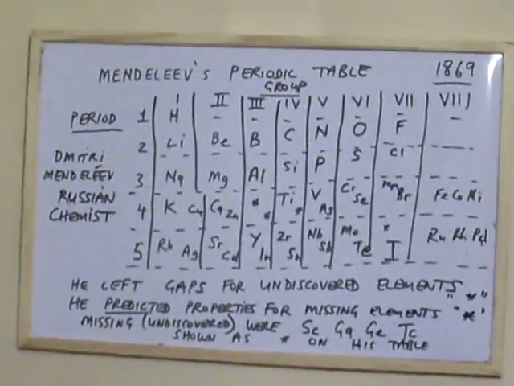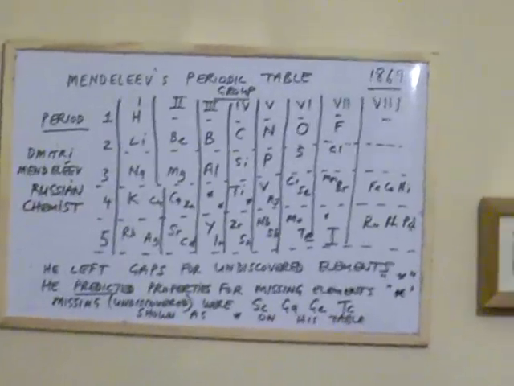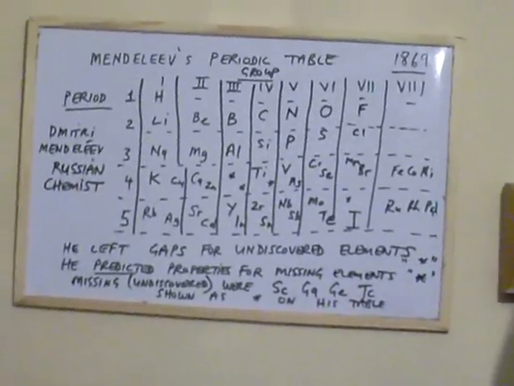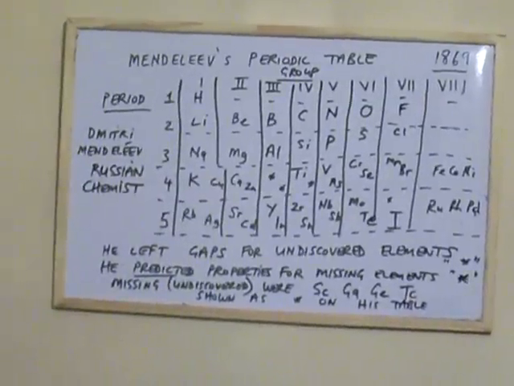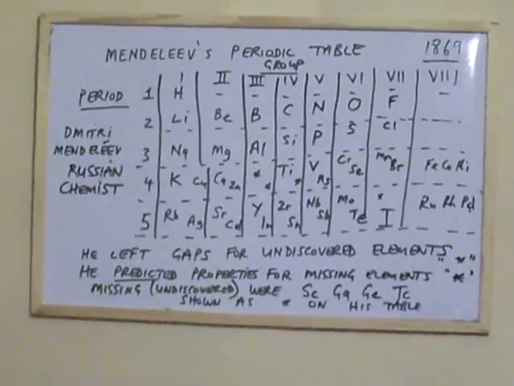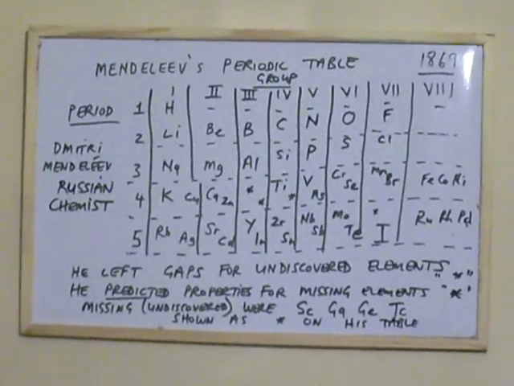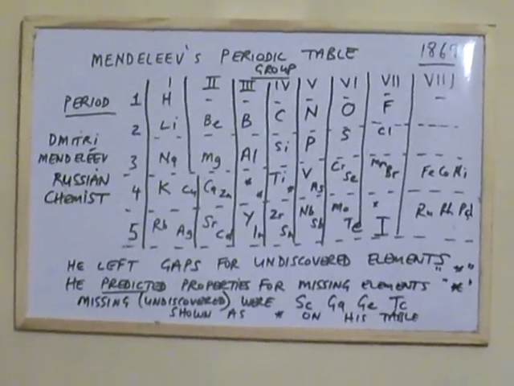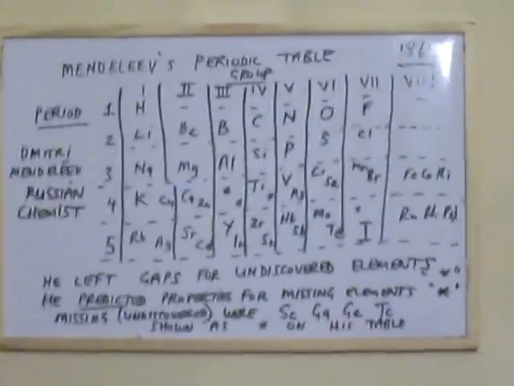Although Meyer had looked at properties such as density, boiling point, melting point and the molar volume of the elements, what Mendeleev did was, reverting back to Newlands' idea, he decided to have a look at repeating patterns again, but much more closely.